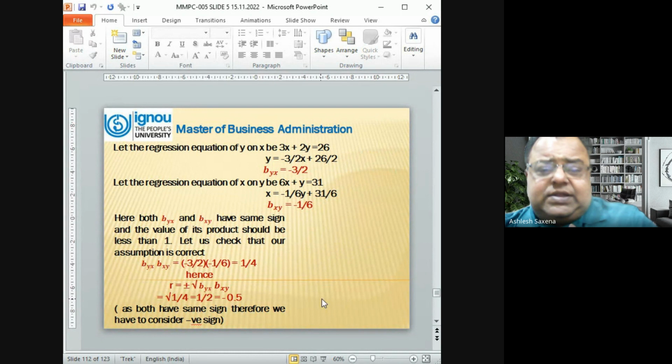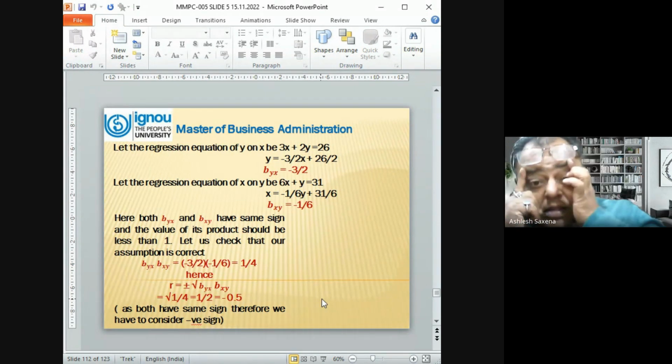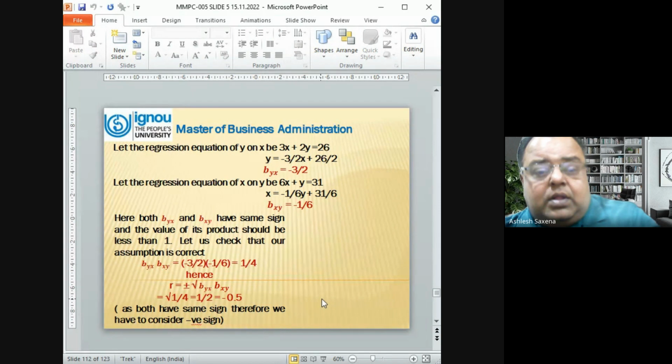convert this equation 3x plus 2y is equal to 26 in the form of y is equal to mx plus c or y is equal to bx plus a, whatever you take it. So the coefficient of x will be byx equal to minus 3 by 2 in this case.